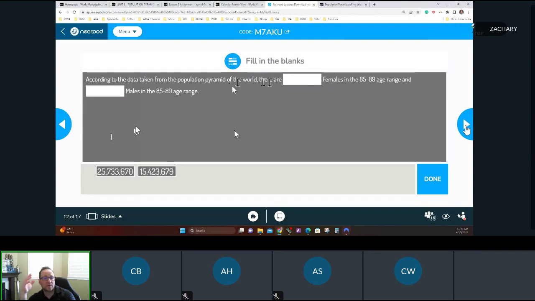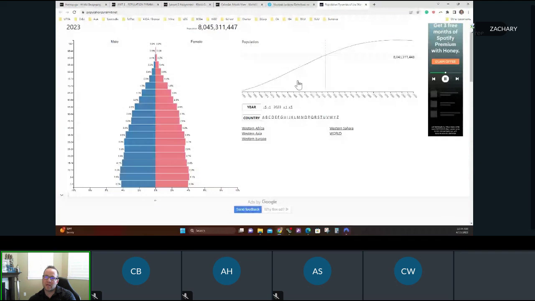Some countries may be different, right? Females, yeah, females seem to get older. So fill in the blank, you should be able to pull it over. If we look at the world population on there, I'm going to go back to here. It's going to show that there are a lot more females that live to be longer than there are males.